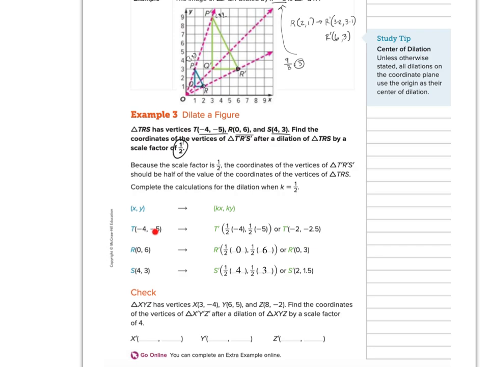The old value was (-4, -5). I'm going to multiply everything by the scale factor of 1/2. So -4 times 1/2 is -2. -5 times 1/2 is -2.5. So that is what we're doing with all of these to come up with our new locations. And if you look, that's half. Each one of these values over here should be half of what was over here. So that is a constant that we can understand.